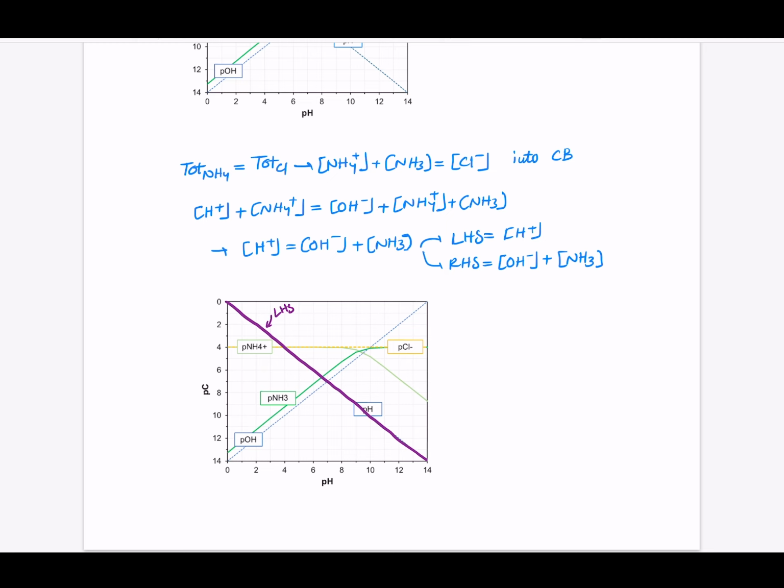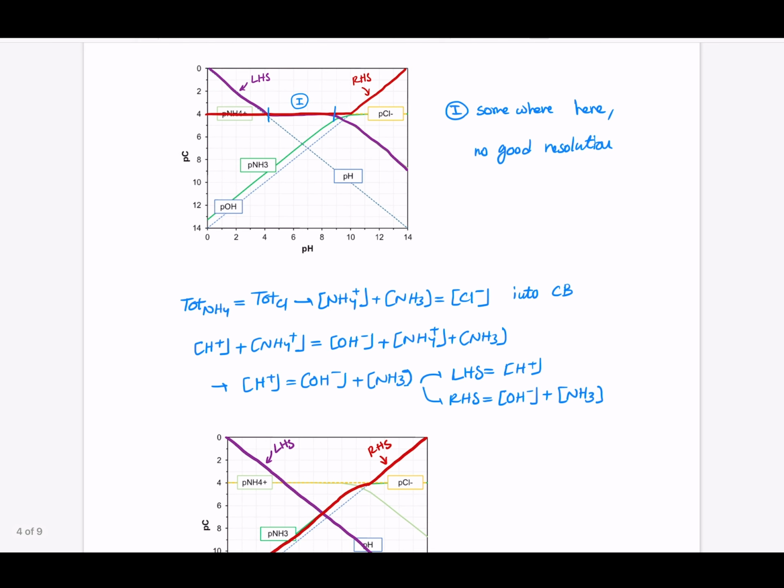And just keep in mind the one that is bigger. Starting from here, we see that the ammonia line is bigger, and up to here, but then the hydroxide line is bigger. So this would be our RHS. We were expecting a pH somewhere in this region, let's say between 4 and 9.